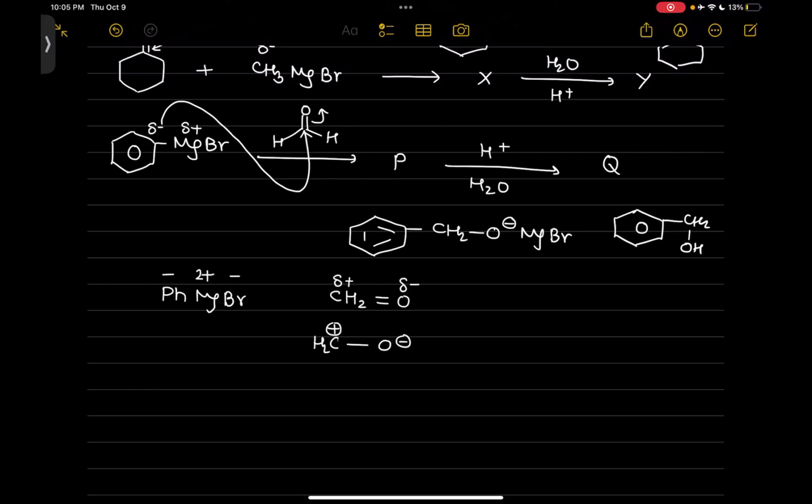So Ph will get added to the carbon atom carrying the positive charge. So PhCH2O minus and MgBr, and that will get converted to OH. Got it? So you will get a primary alcohol upon acidification.